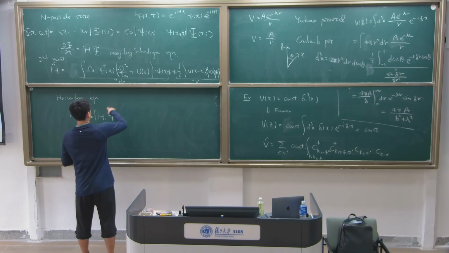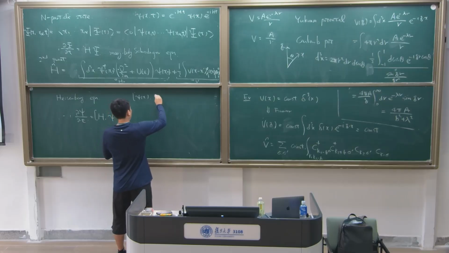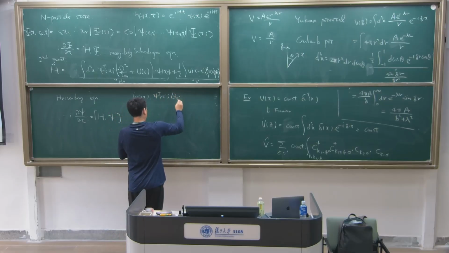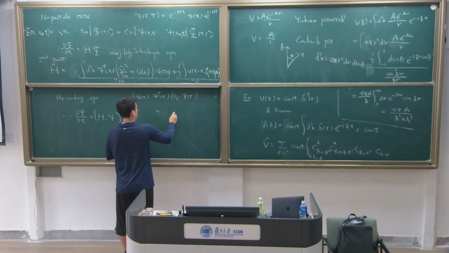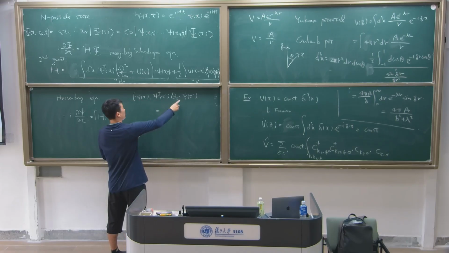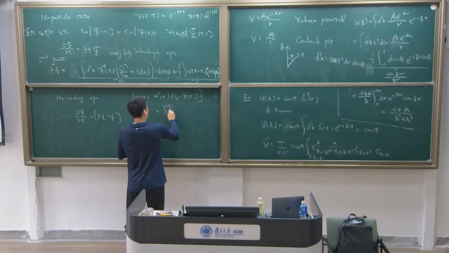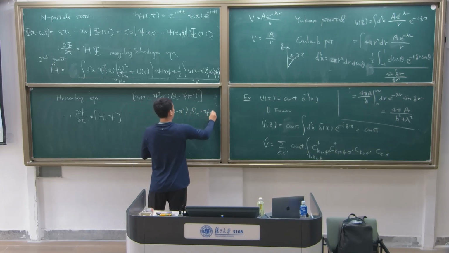this commutator. We just use the following fact: psi of x and psi dagger of x prime satisfy the canonical relation, which gives delta cubed of x minus x prime.